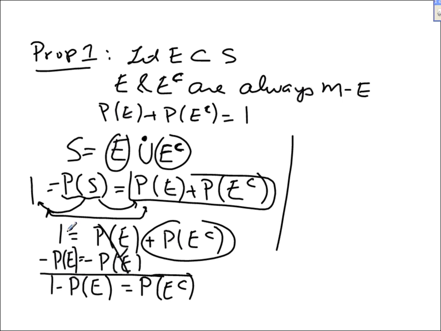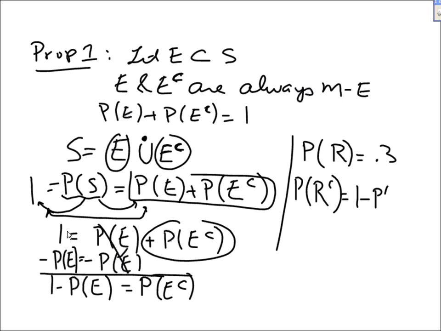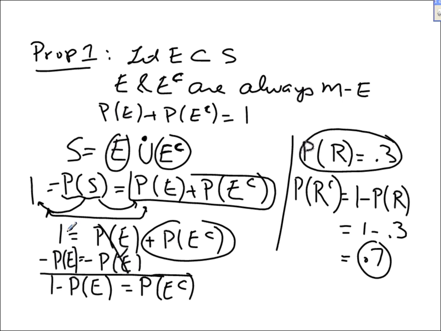For example, if the probability that it rains tomorrow is 0.3, then the probability that it doesn't rain tomorrow is 1 minus the probability that it rains, which is given as 0.3. Our final answer is 0.7, which is a reasonable answer because it's between 0 and 1.